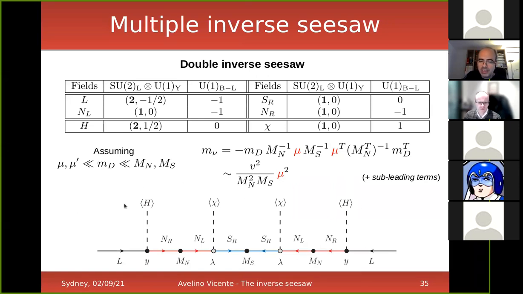And you can also understand it diagrammatically, as you can see here. And you can construct versions of this idea with a triple inverse seesaw, quadruple inverse seesaw, and so on. Why is this attractive? Because the larger the power of the mu parameter in the formula, the less suppressed you need it to be to get neutrino masses at low scales.